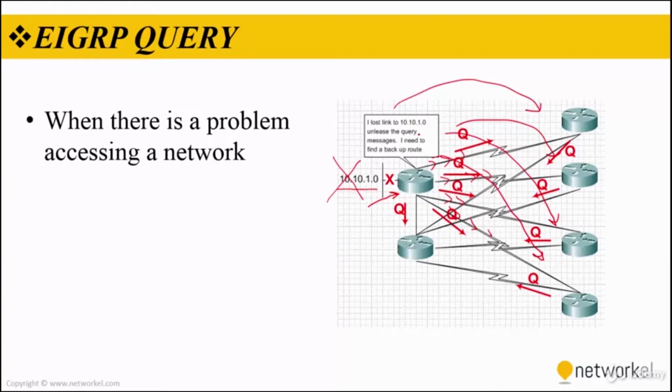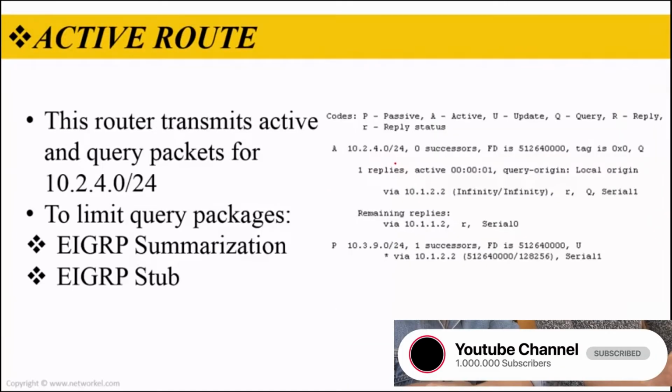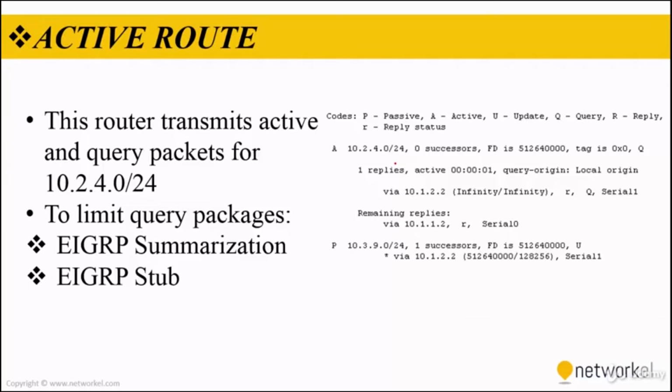Do you have any backup path for this route for me? As I told you, this router is known as the active router. Active router means the router that's sending query messages and waiting for the replies from the others.